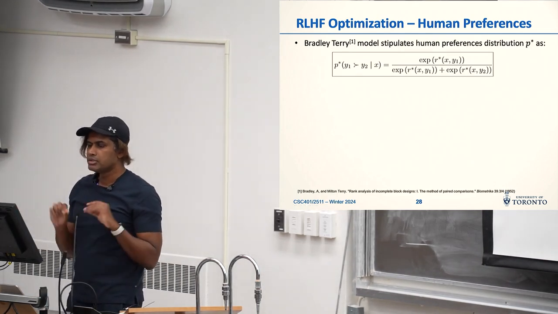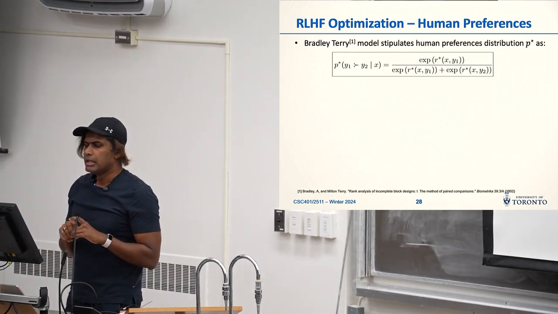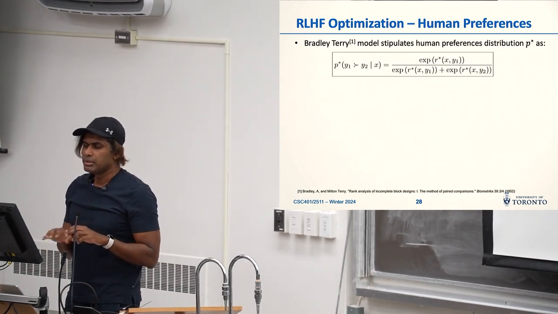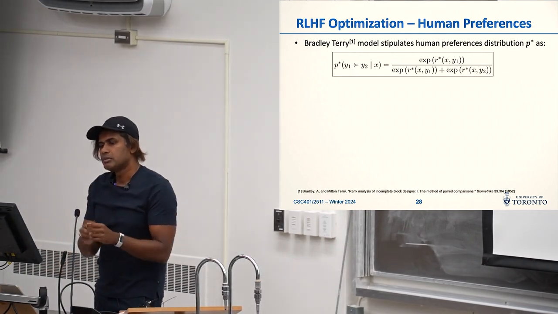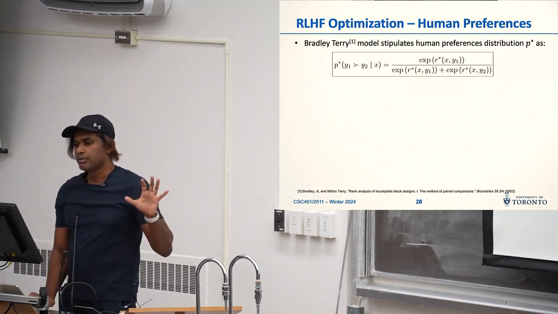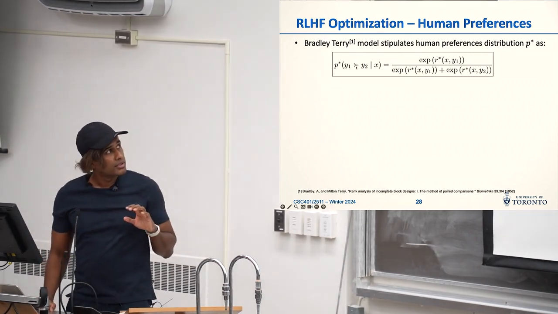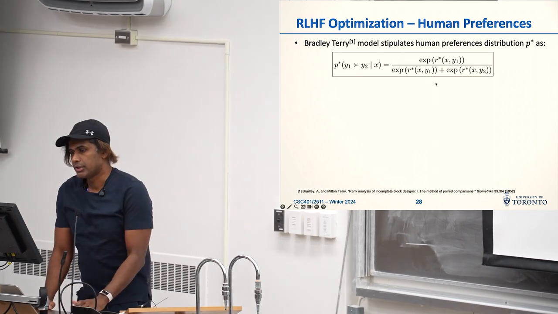How do we model it? There are a few works on this, but the simplest, and the one usually used with binary pair comparison, is the Bradley-Terry model, which models human preferences given two completions, here YL and Y winner given X, using this equation, okay?